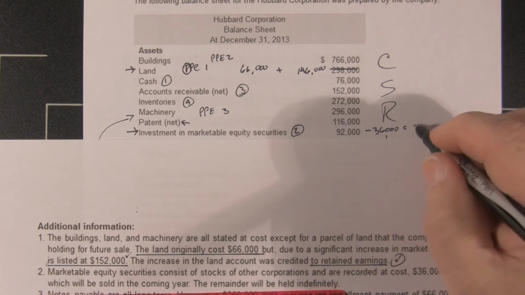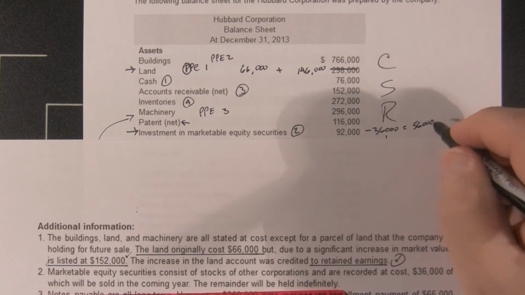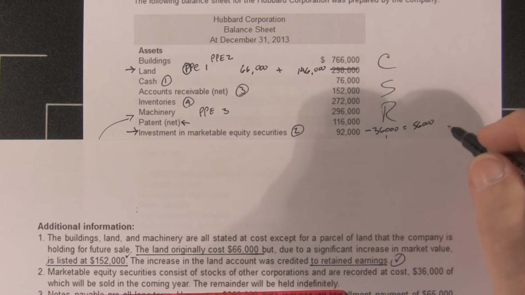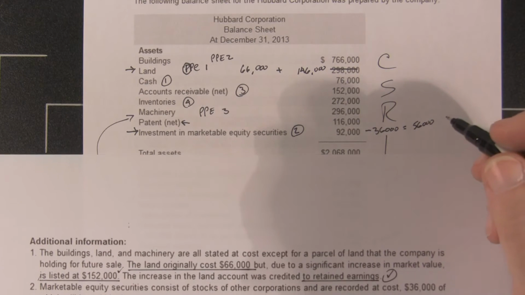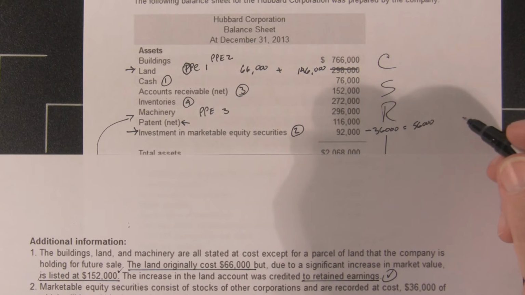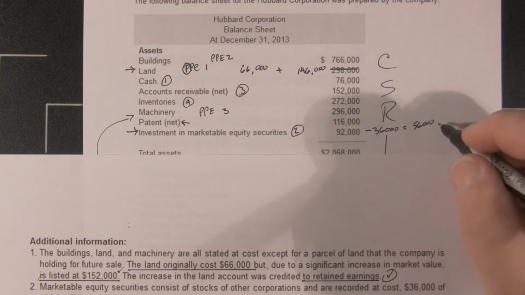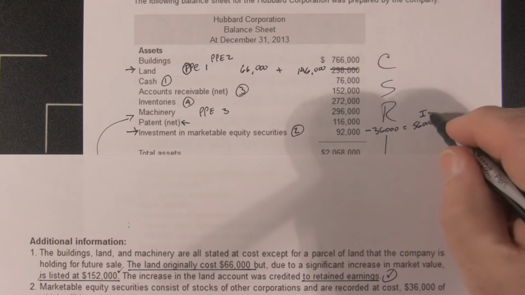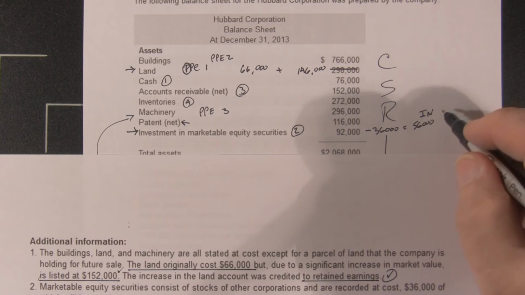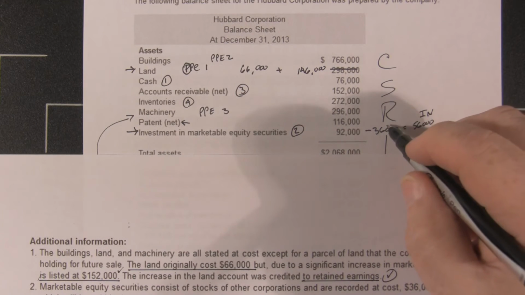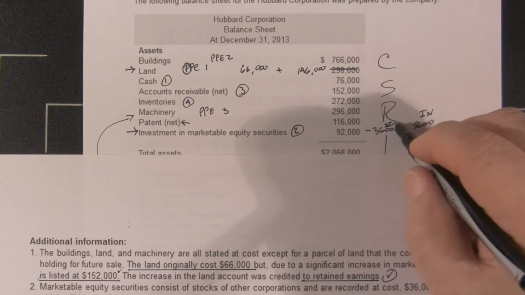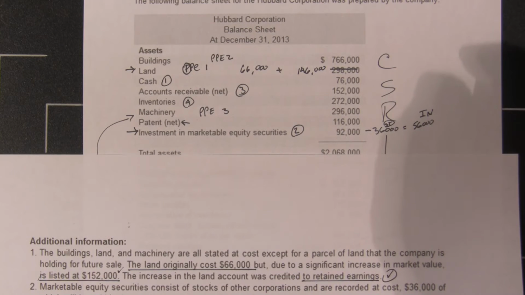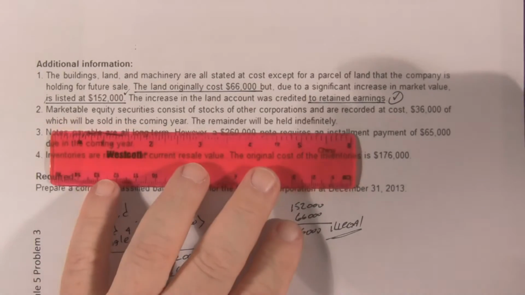So that gives us 56 that are investments, and the 36 that we're going to sell right now, we're going to carry that as marketable securities, 36. This piece, 56, is investment. This is short term, current. So we had to break out that piece. We got that.